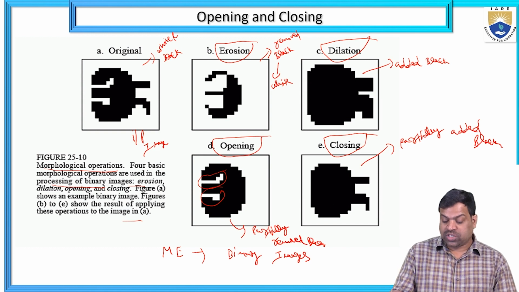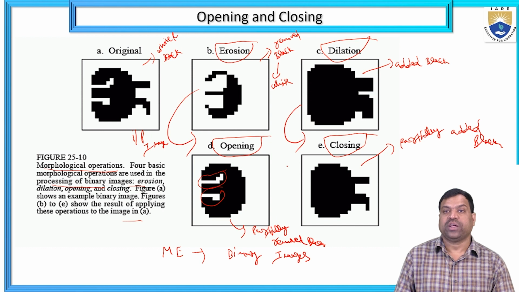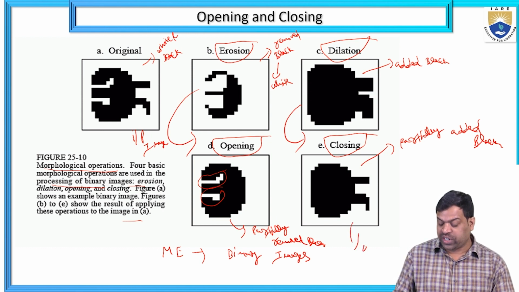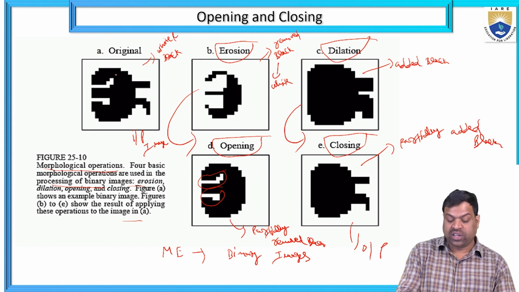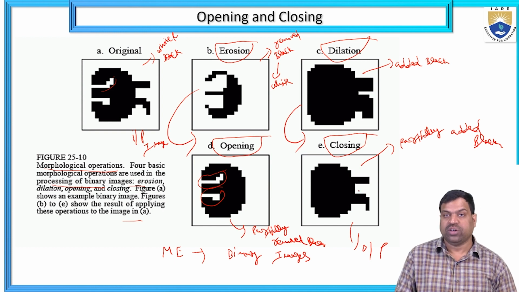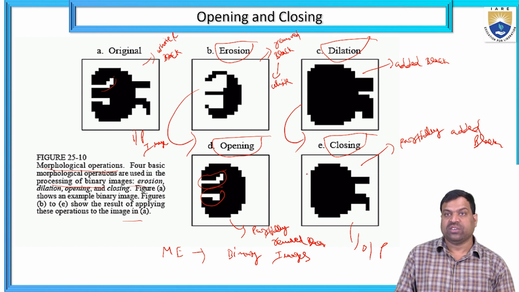So erosion and opening are similar, and dilation and closing are similar. What is the final output after applying the erosion, dilation, opening and closing? Here more black is formed, compared to this one, more black is formed. That is a good thing.